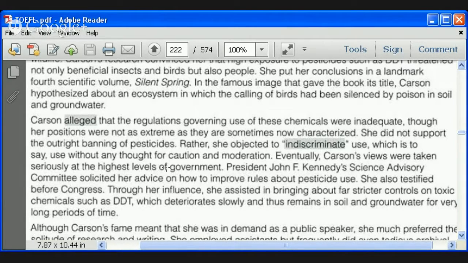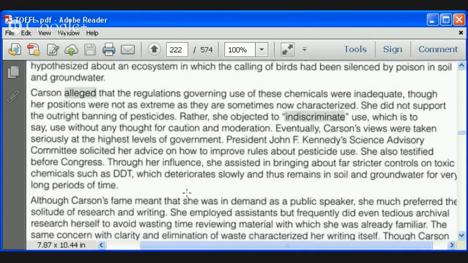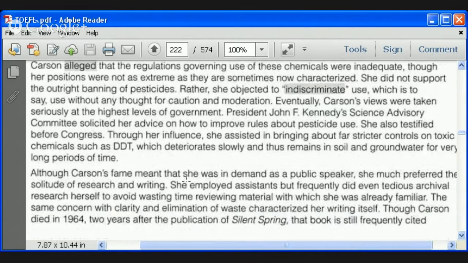Now, do we see regulators here in this paragraph? No, we don't. But if we also remember, our last paragraph was her legacy, or what she left. So the possible answer is that her work is cited today.